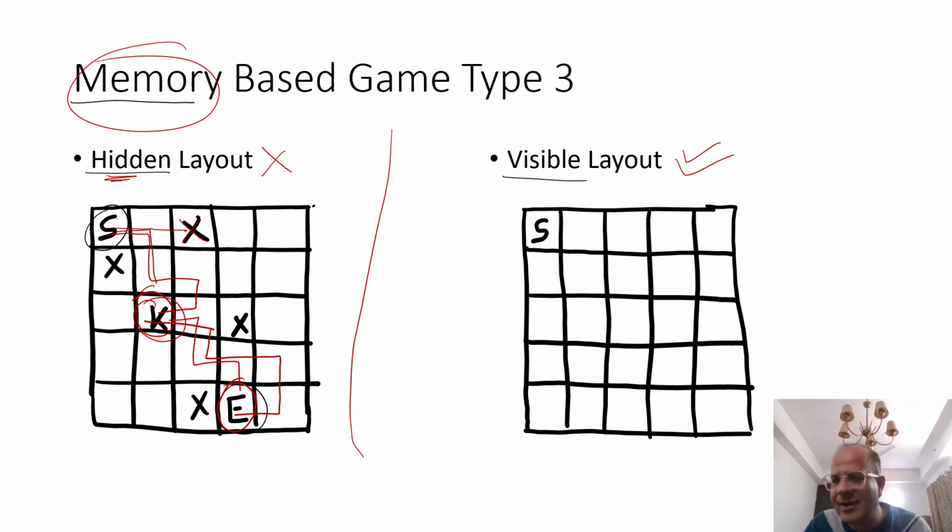So I need to start, fetch the key and reach the end point. Now, because nothing is visible to me, I can think of it like this: I need to reach somewhere in the middle and fetch the key. So I have two options. Either I can go horizontally or I can go vertically down. Let's say I choose this.